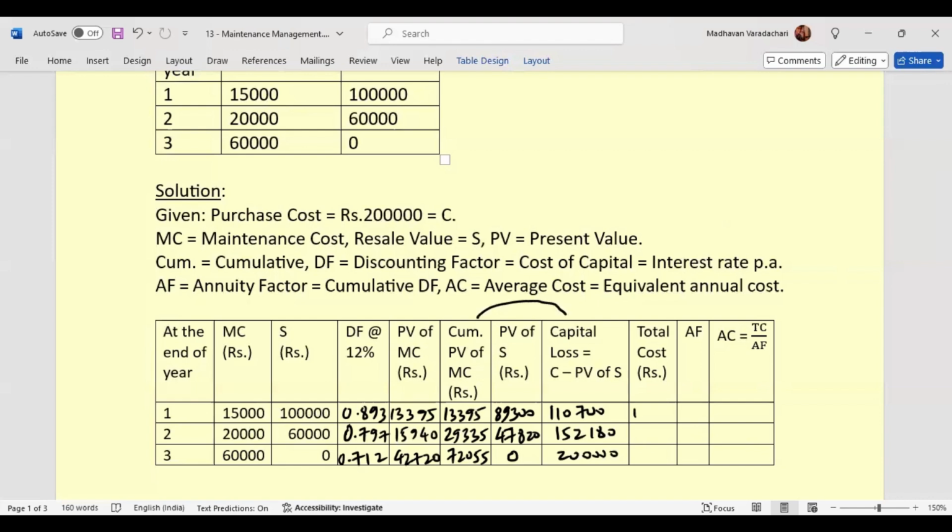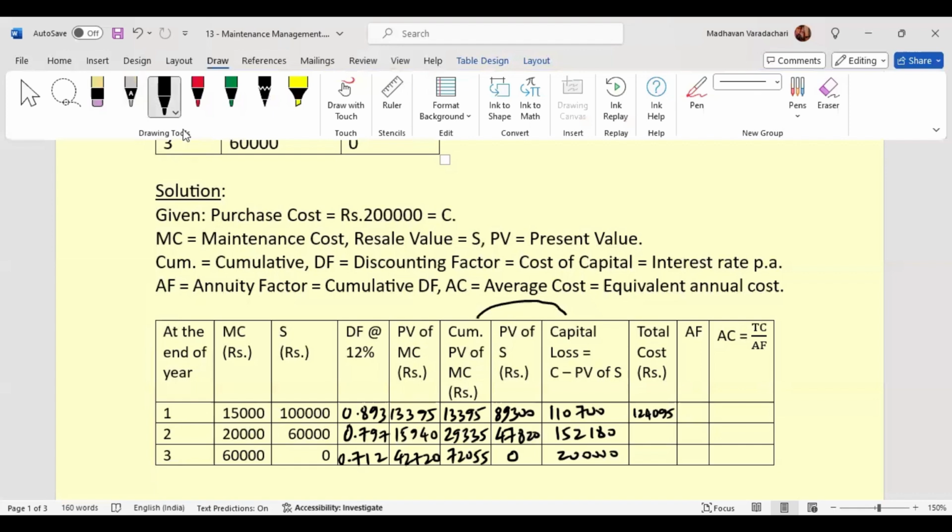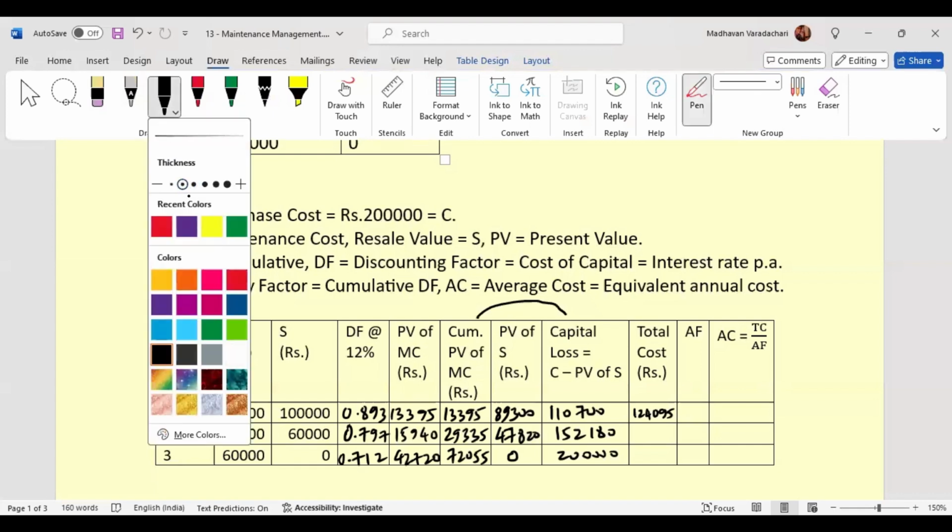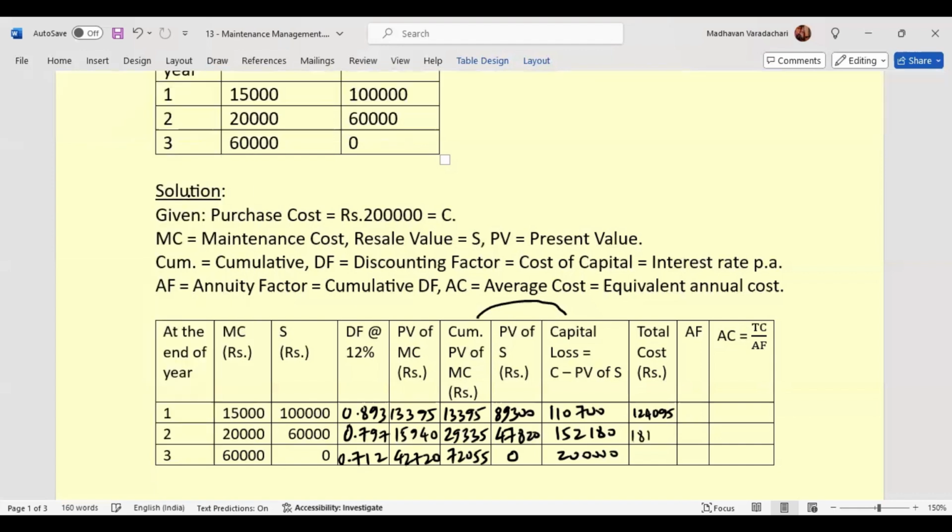So first one we will get 124,095. Then second one, 29,335 plus 152,180. We get 181,515. Third one we get 72,055 plus 2 lakhs, that is 272,055.